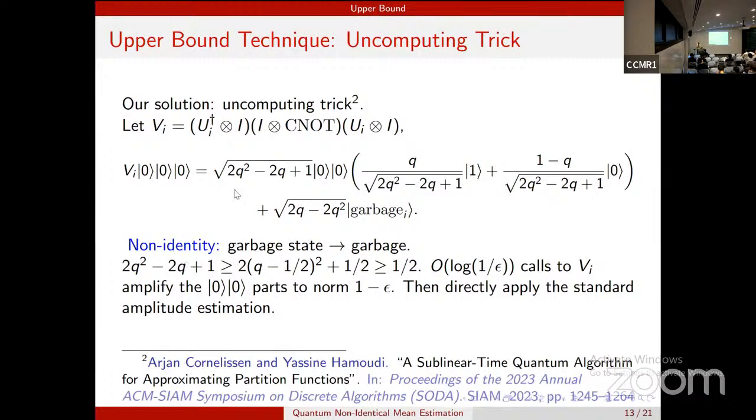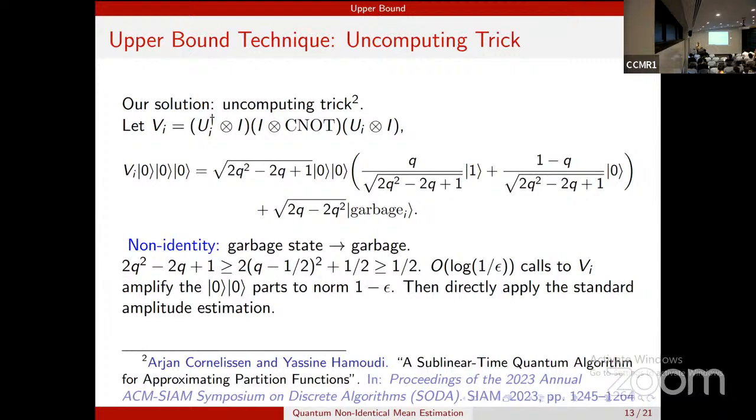And since the amplitude of the first, the clean part, is bounded below by some constant, O(log 1 over epsilon) applications of this Vi amplify this clean part to norm 1 minus epsilon. And then this garbage part is narrowed to a very small norm, and it can be regarded as a small error.